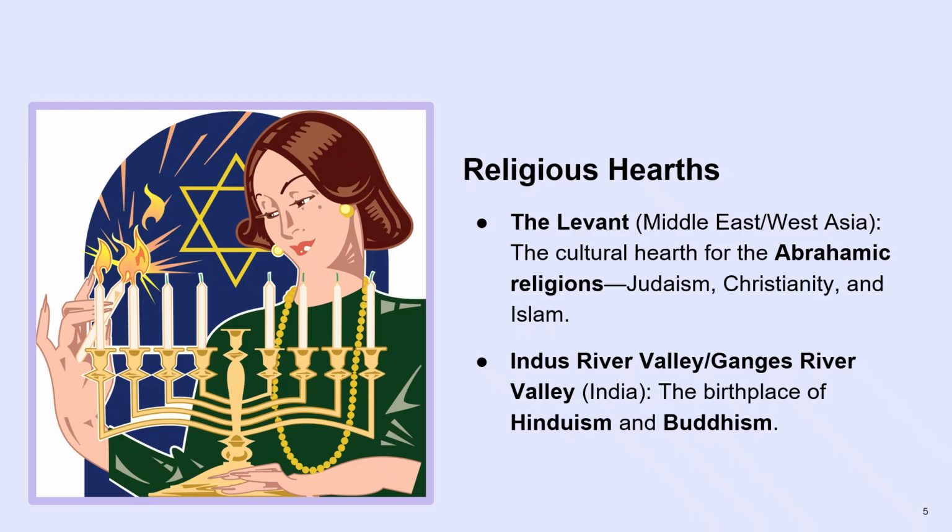People who thousands of years after these religions were first established are still adherents to those religions, literally billions of people. And then in the Indus River Valley, or the Ganges River Valley, we have the birthplaces of Hinduism and Buddhism. Again, really monumentally influential religions that today still have millions and even billions of adherents around the world.